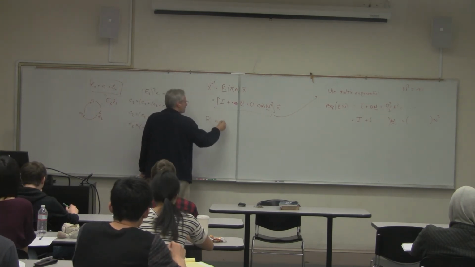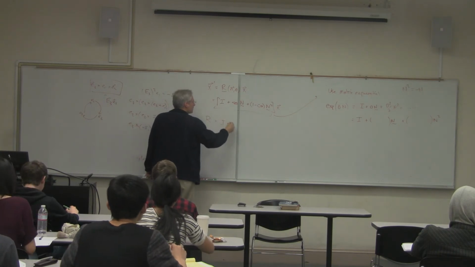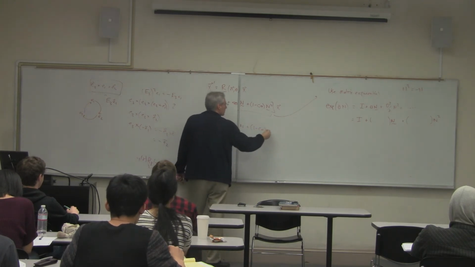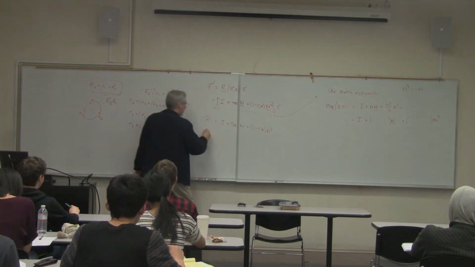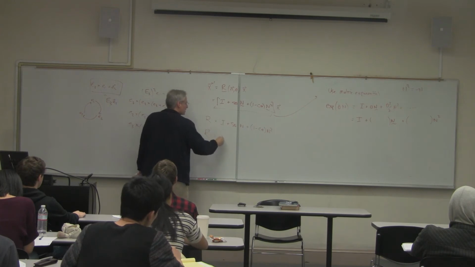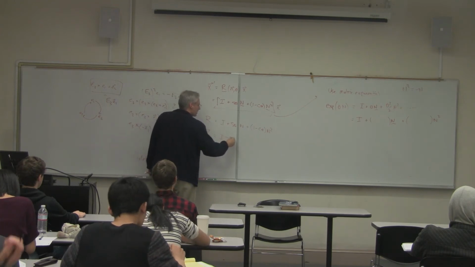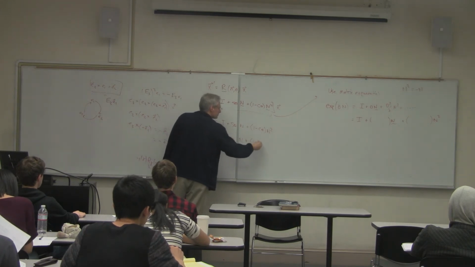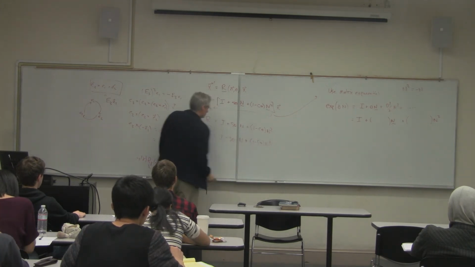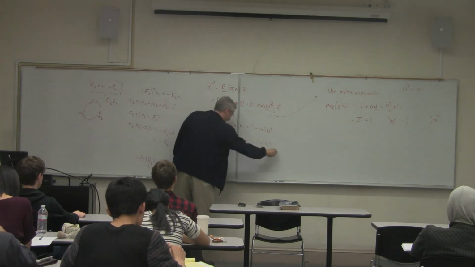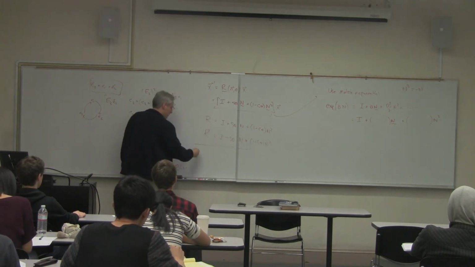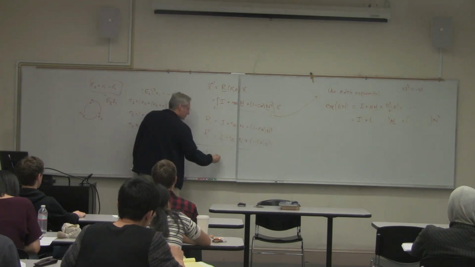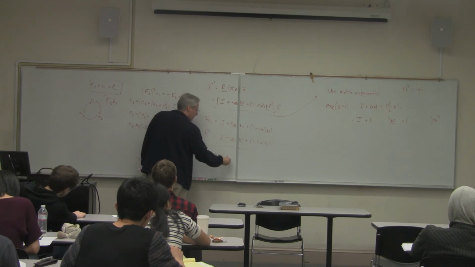I'm just repeating the formula. So that's R, and R transpose is the same thing except with a negative sine theta. And I can subtract one from the other, and I get R minus R transpose is equal to 2 sine theta times n.